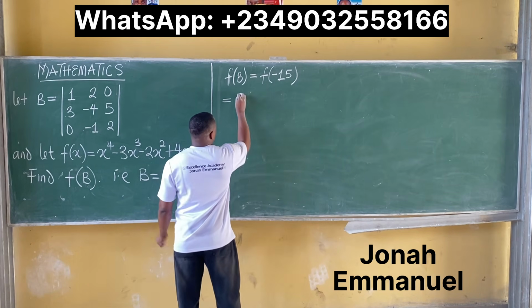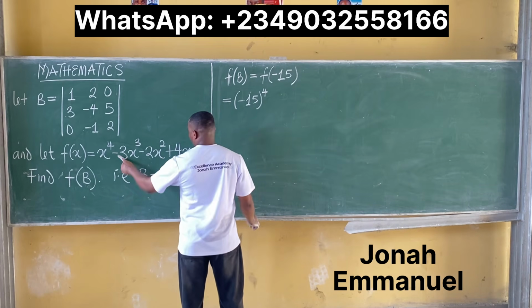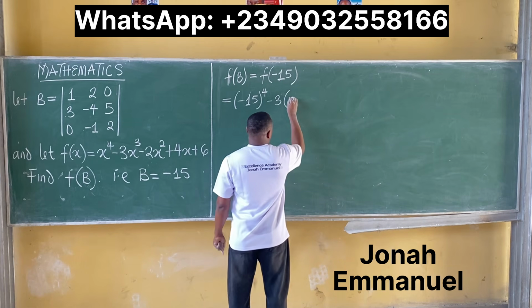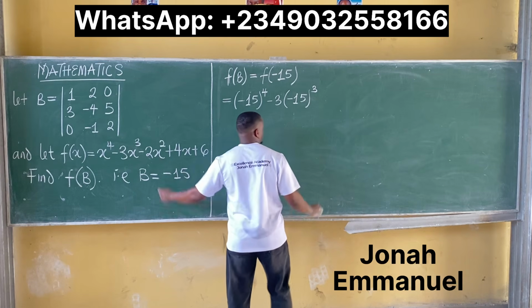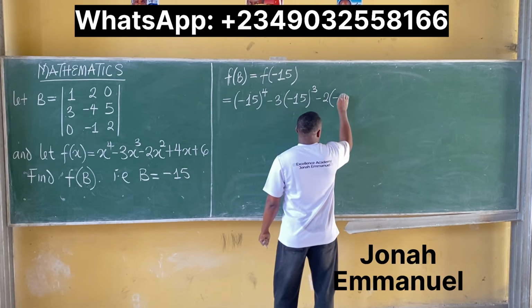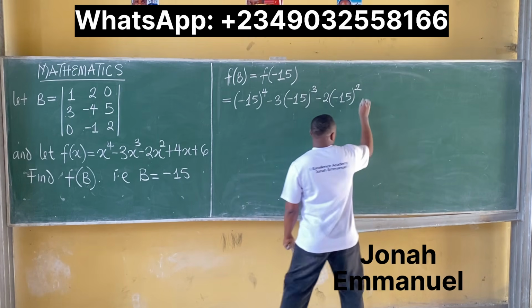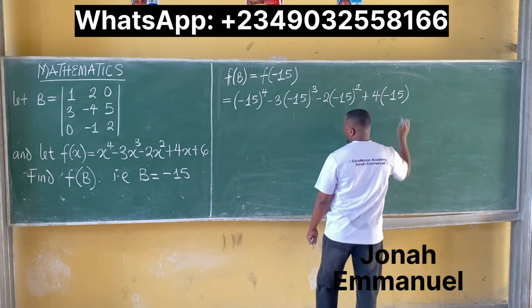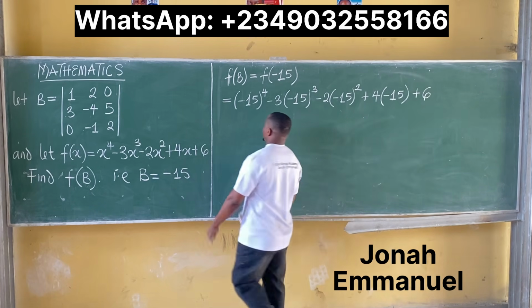So x to the power 4 becomes minus 15 to the power 4, minus 3 into minus 15 to the power 3, minus 2 into minus 15 all squared, plus 4 times minus 15, then plus 6. This is the value of f of minus 15.